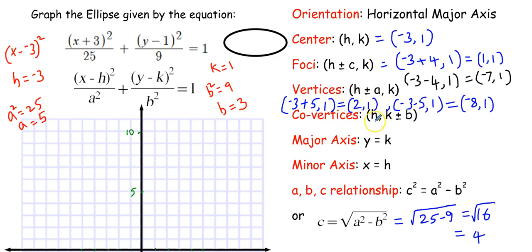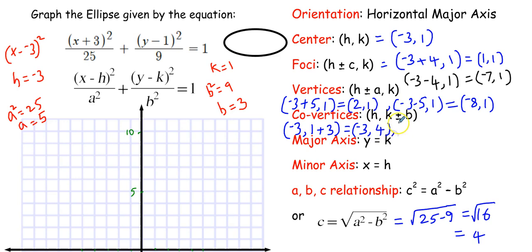Now the co-vertices: h, again go to that h, that is negative 3, comma k, k is 1, plus b, which is 3, gives you (negative 3, 4).